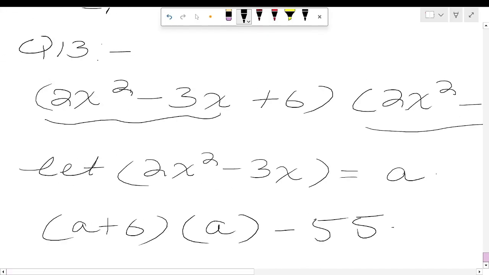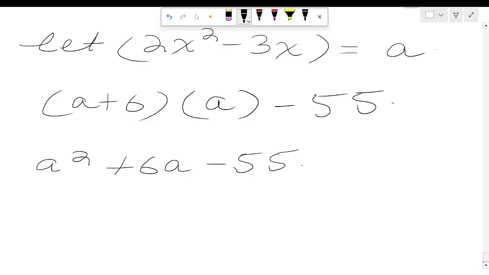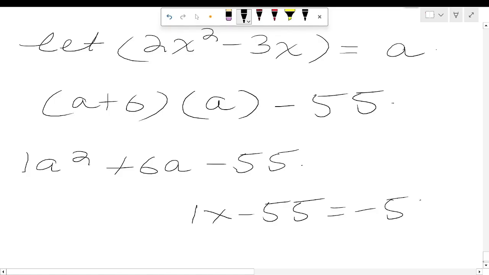Now what is the next step? So a will be multiplied with a here, and a will also be multiplied with 6. So we will have a square plus 6a minus 55. So what is this? This is a quadratic expression and we need to find the factors. So look at the coefficient of a square, it is 1, and here the numeral value is negative 55. So let's suppose 1 multiply negative 55 is negative 55.